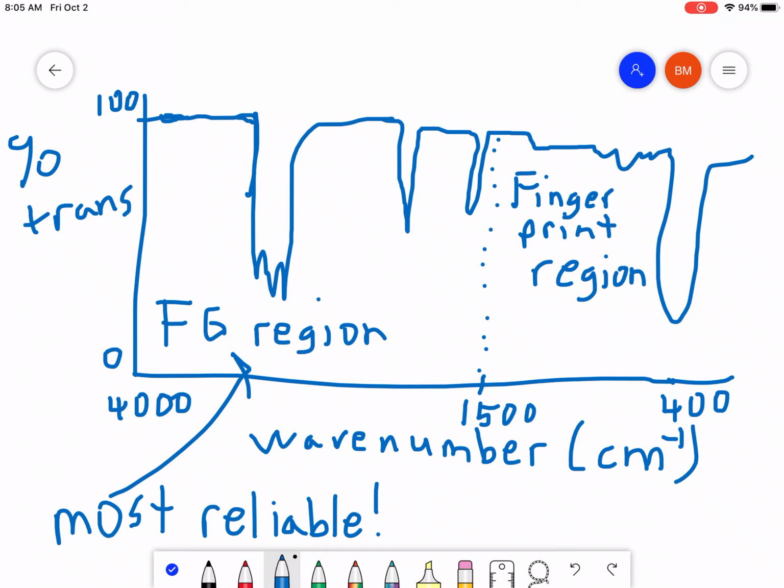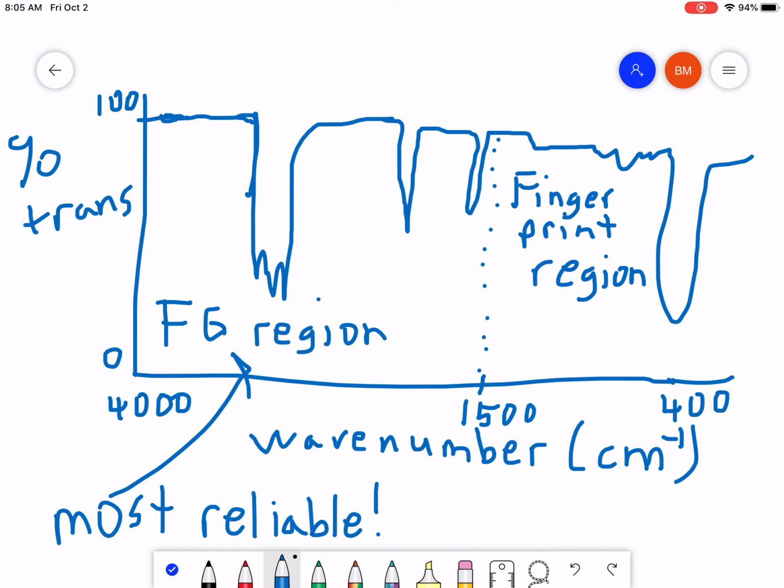That makes them very difficult to identify as a family, with a couple of exceptions. There are a couple of signals we will look at in the fingerprint region, but only under certain circumstances. Most of the time, the fingerprint region is not considered very reliable. So you're going to be doing most of your analysis in the functional group region.